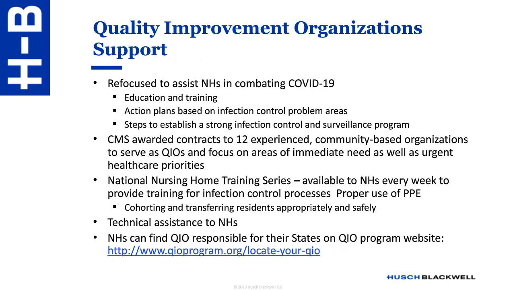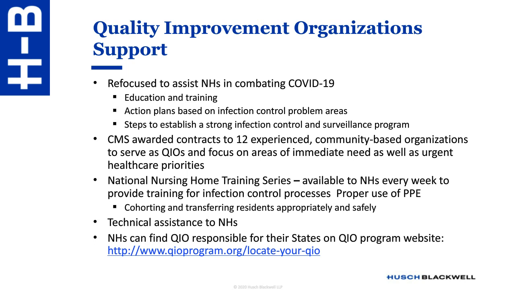I want to talk a little bit about quality improvement organizations. These QIOs are supposed to be helping nursing homes identify greatest areas of infection control problems, and then help them create an action plan and implement steps to establish strong infection control and surveillance programs.